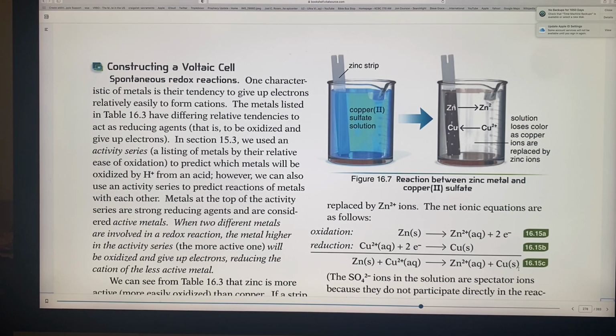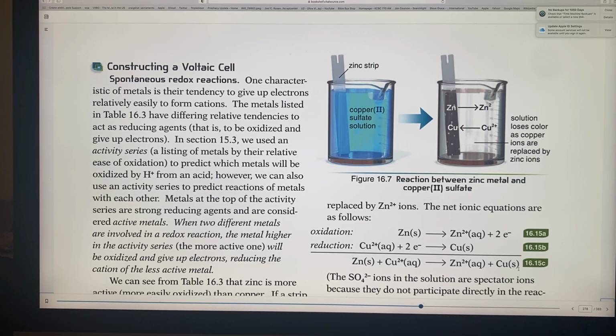In voltaic cells, you're going to have two different metals. It says in italics here, when two different metals are involved in a redox reaction, the metal higher in activity will be oxidized and give up electrons, reducing the cation of the less active metal. This is important right here.